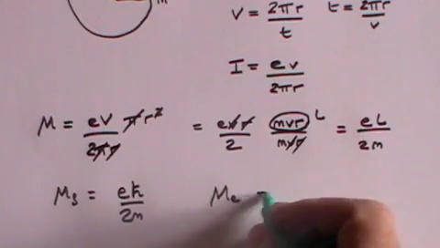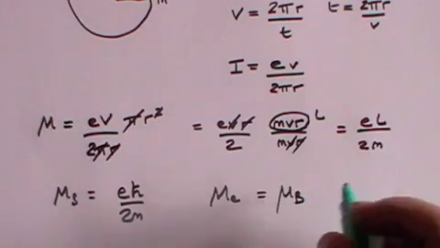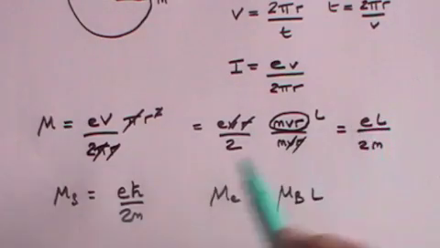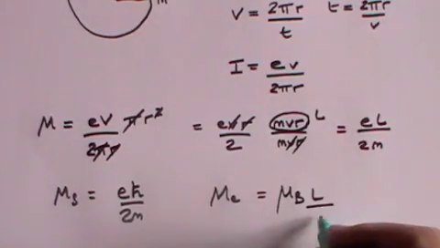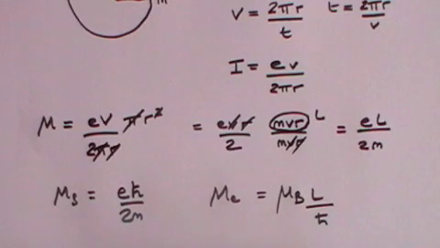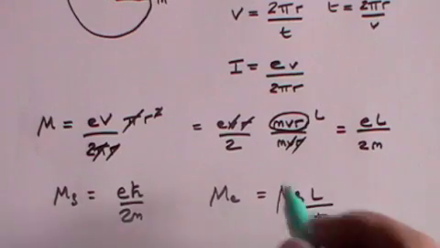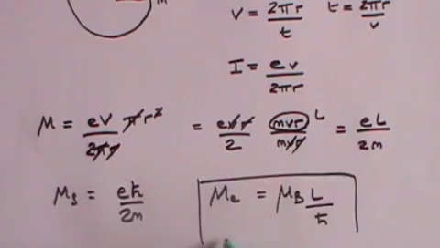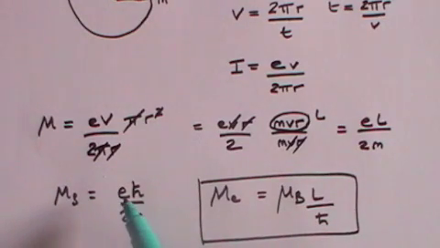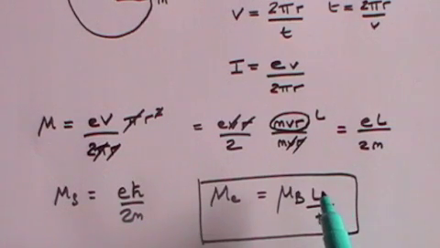So that's the Bohr magneton multiplied by L here. But you didn't need the ħ, so you divide that by ħ. And that now becomes the magnetic moment for the electron. The Bohr magneton, which of course is just a constant. Notice it's the charge on the electron times Planck's constant over twice the mass of the electron, that's all constant, multiplied by the angular momentum divided by ħ for an electron.